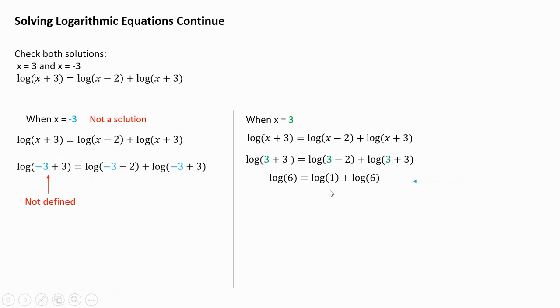If you have a calculator handy, plug in log of 1. It is 0. So log of 1 equals 0, and we simplify. Log of 6 equals log of 6. So I know this is the answer. So 3 is a solution.